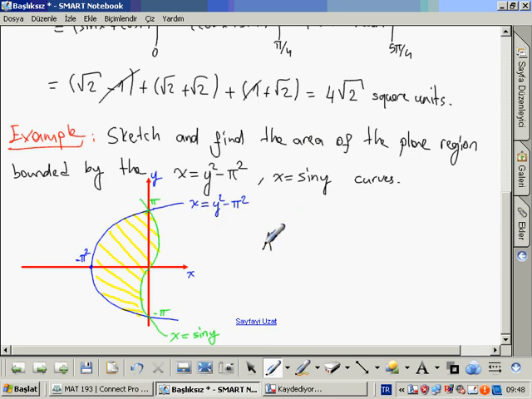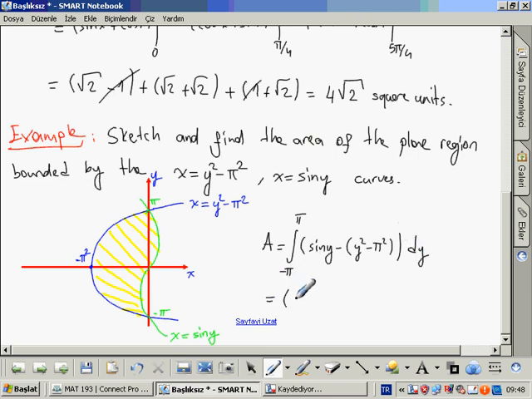So you can write the area of region R from minus pi to plus pi, as you see, of the larger function. We know that sine y, the green one, minus the other one, y squared minus pi squared, dy.